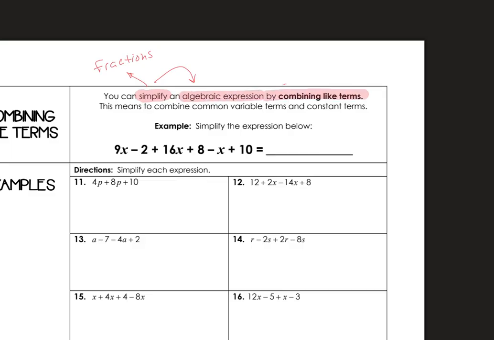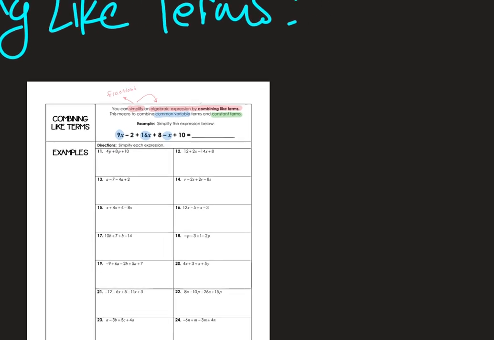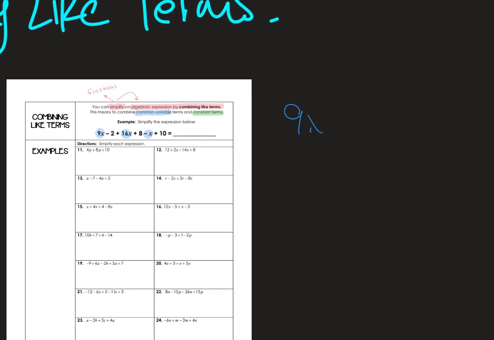By combining like terms. So this means if you've got common variables, you combine them. If you have constant terms, you combine them. So check it out. This is a variable. That is a common variable. So is that one. How are they common? Well, they all three have x's. So like 9x, positive 16x is right there.